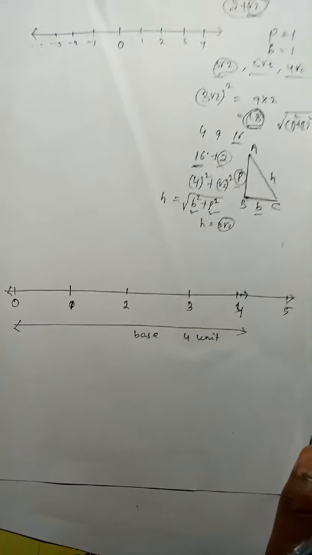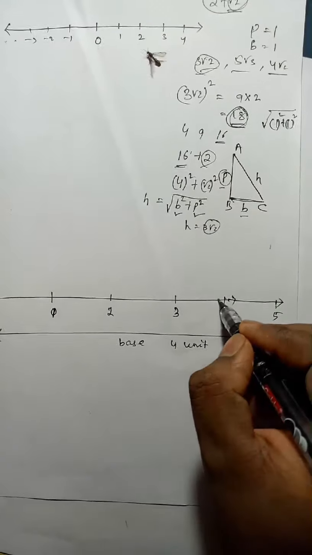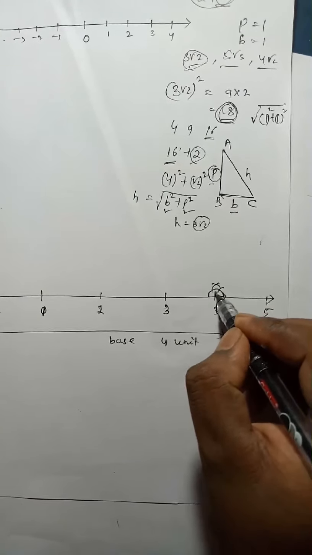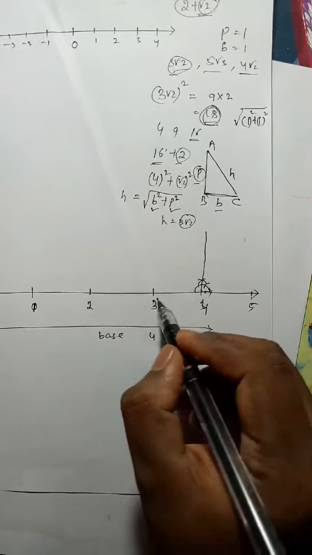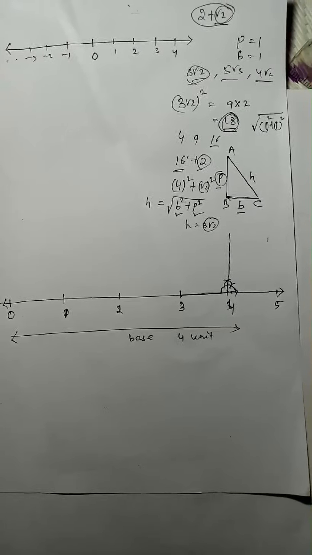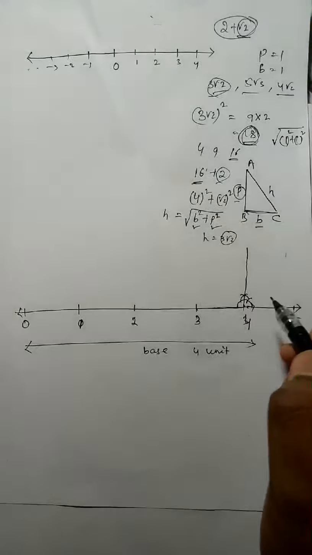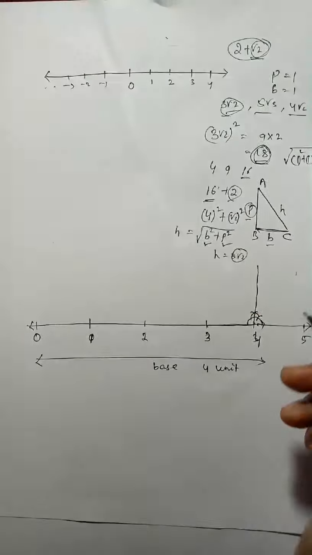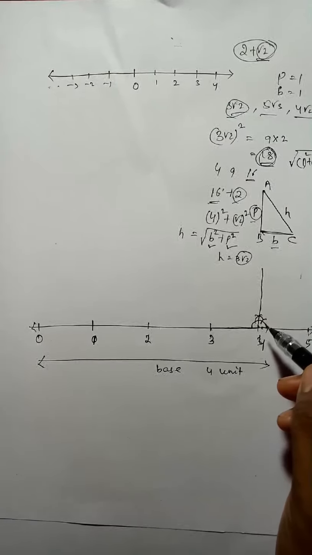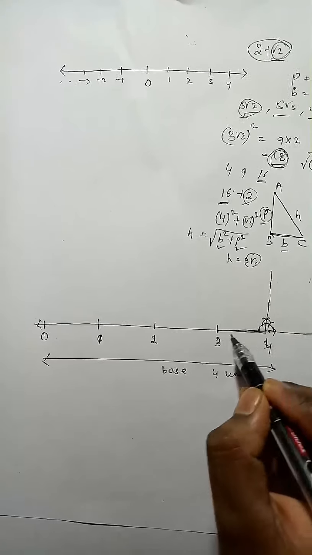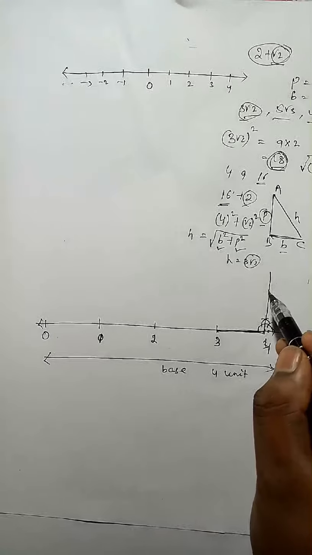Then how do we construct root 2? Here take a 90 degree angle, then represent. After taking the 90 degree angle at 4, there are two ways. The second way I will discuss after some time. Then take the distance between 3 and 4 here.